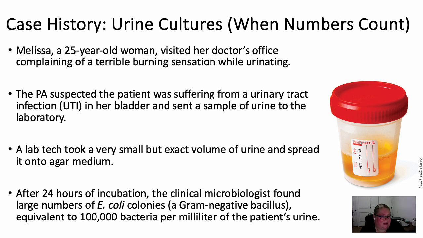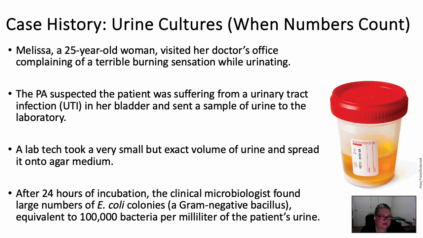They have Melissa pee in a cup and they take a sample of her urine to the laboratory. One of the things that the lab tech is going to do is take a very small but exact volume of urine, probably about 100 microliters. They're going to use the spread plate technique and spread the urine on the agar medium and incubate it for 24 hours, so they're going to let it grow.